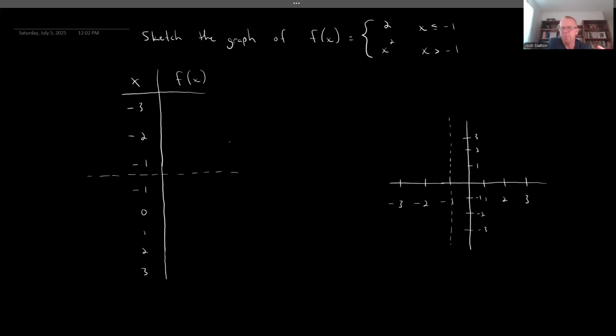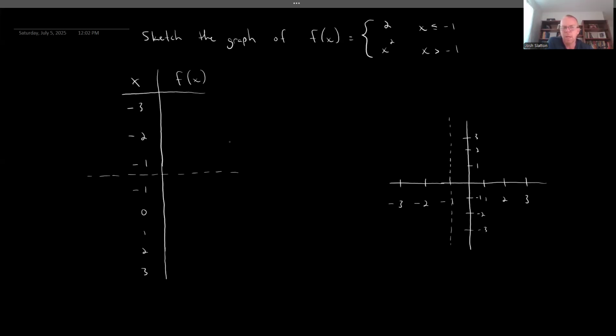As far as we're concerned, there's no horizontal gap between the f of x equals 2 up here, and then when you get past -1, you go to x squared. There's no visible gap there. I guess there is an actual gap, kind of, but the reason we're doing that is because we do need this x squared to go all the way as close to the -1 as we can get.